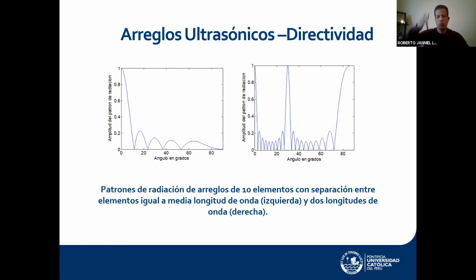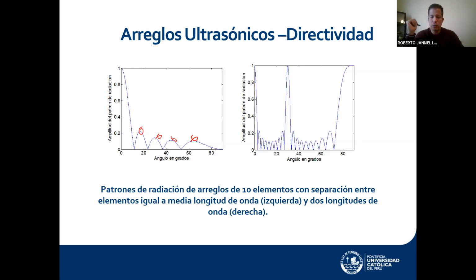There's a main lobe, and the main lobe points at 0 degrees, which is what you would expect. The ultrasound propagates going in the front because it has that symmetry. You would expect that the beam would be perpendicular to the direction of the line. And then you have side lobes, which are in here, and in here, and in here, and they go to increasingly lower amplitudes, and everything is fine.